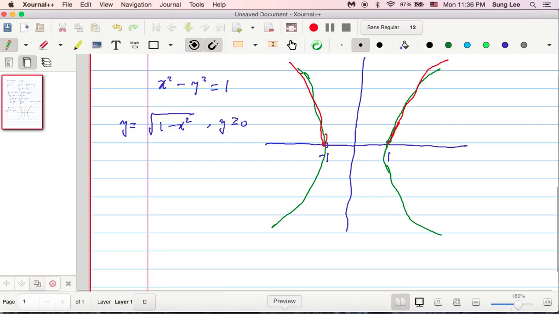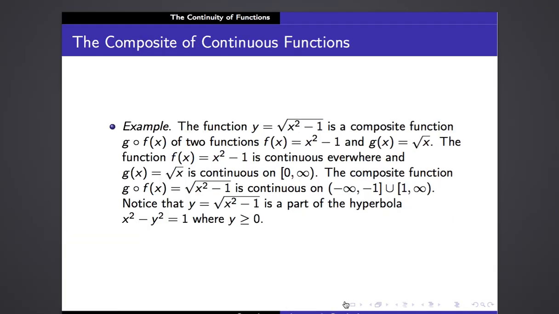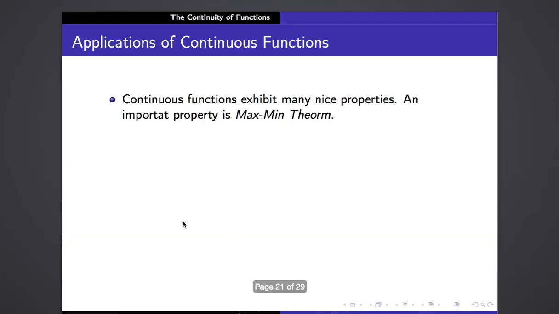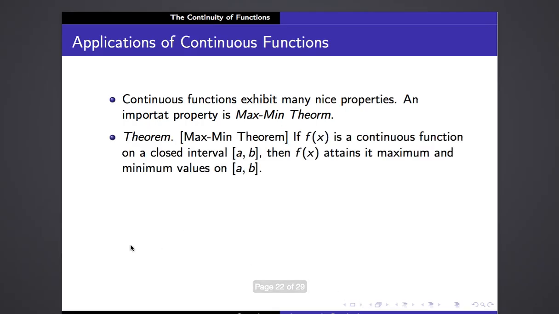Going back to my lecture slide. The continuous functions also have many nice properties. One important property is something called the max-min theorem. So what is that? Here's the theorem.